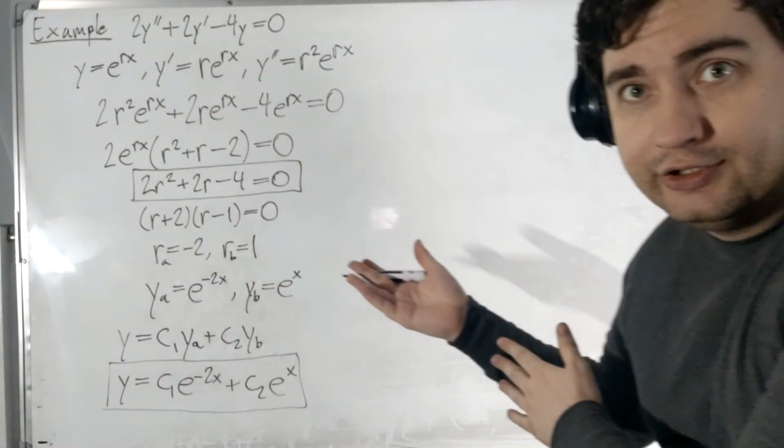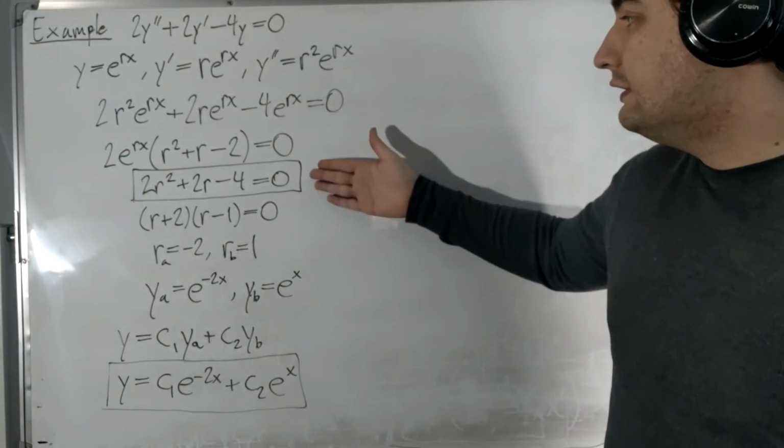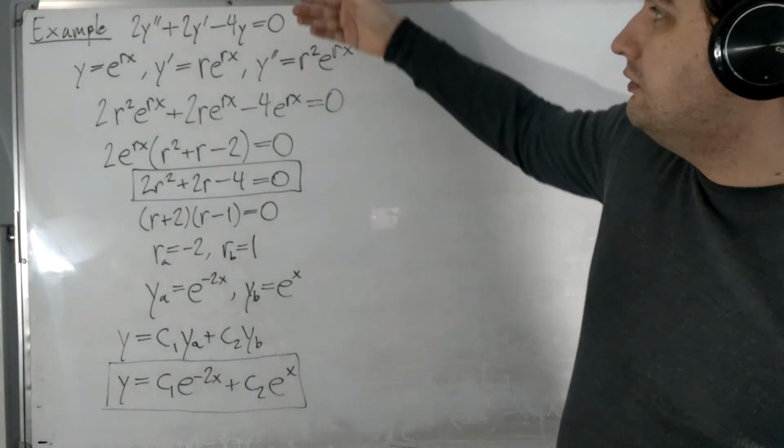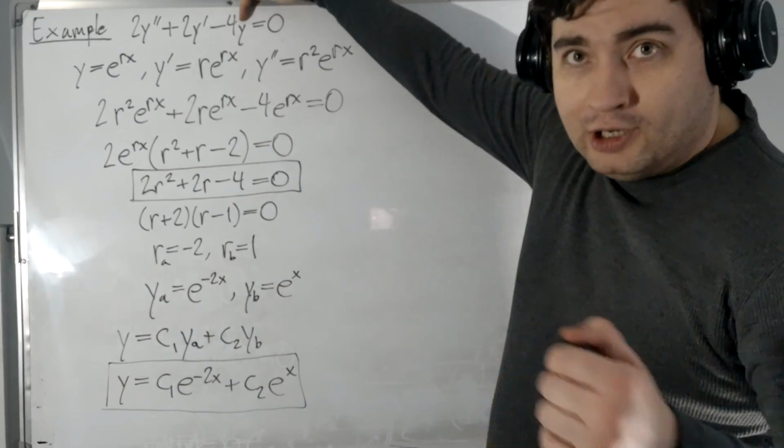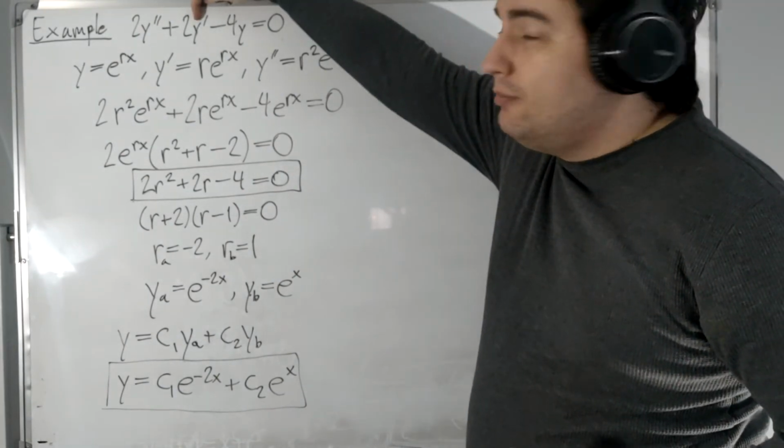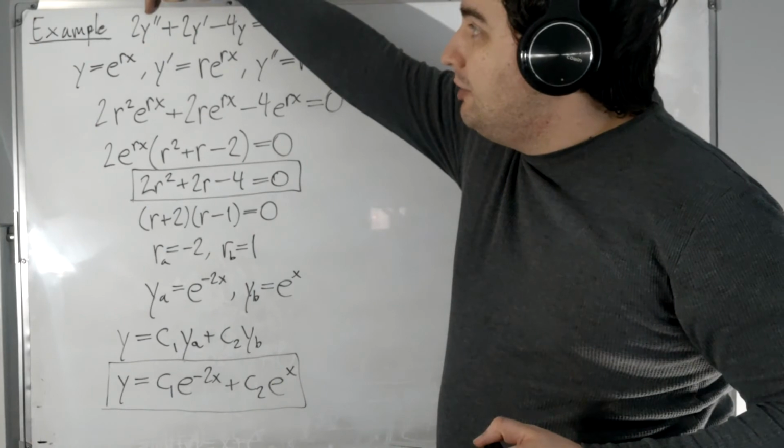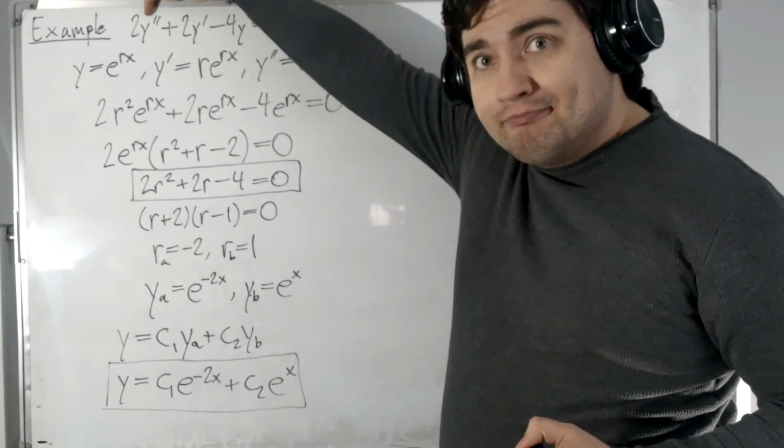That's our characteristic equation, right? If you notice, that is exactly what you get when you replace the y with a 1, the y prime with an r, and the y prime prime with an r squared.